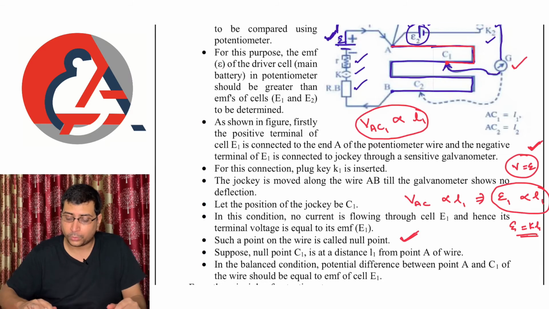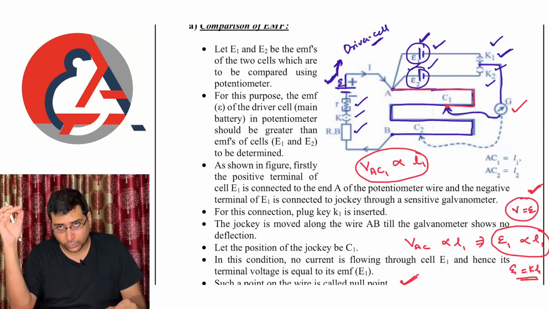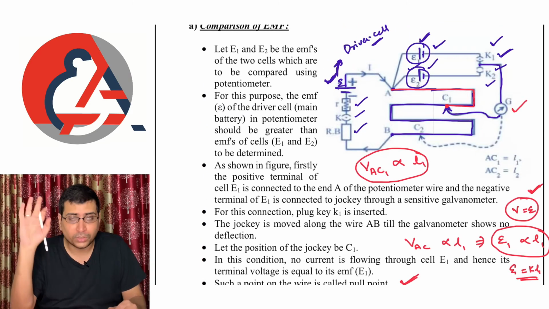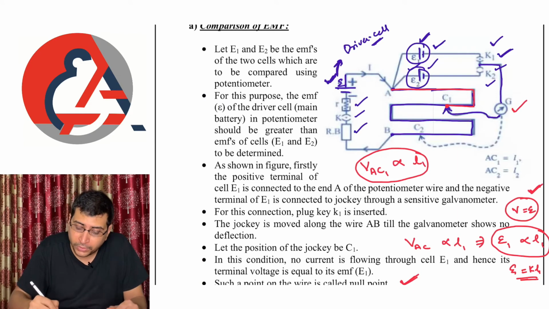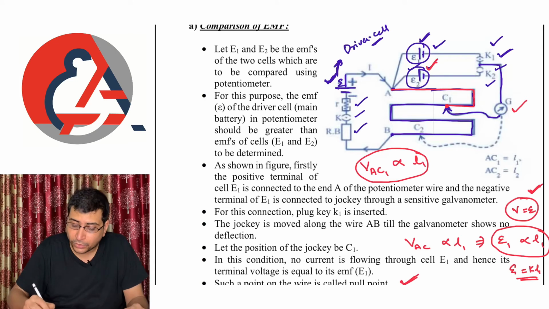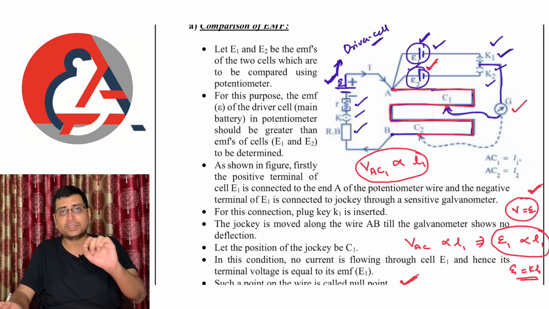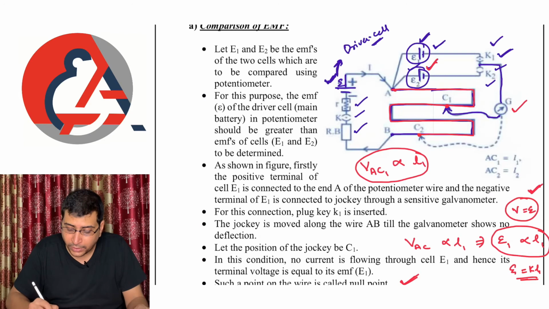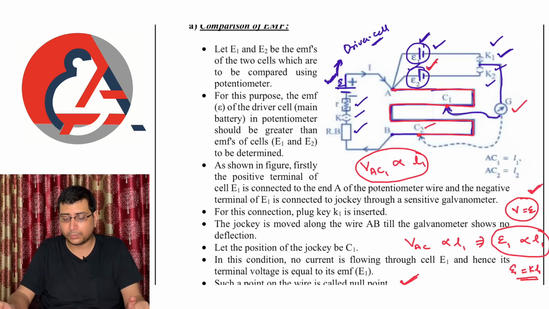Now what we are going to do is, key 1 is opened and key 2 is closed. So when this happens, the cell number 2 is going to come into picture. Again, you start moving the jockey starting at point A. You keep moving in such a way that you stop at a particular point where the galvanometer again shows a zero deflection. Let's say at this time, the point where the null deflection is happening is C2.